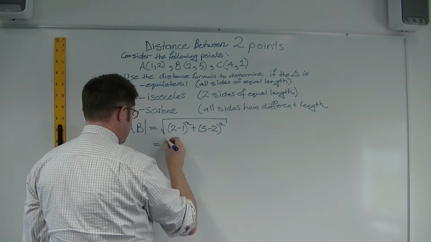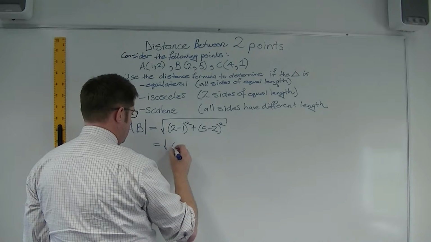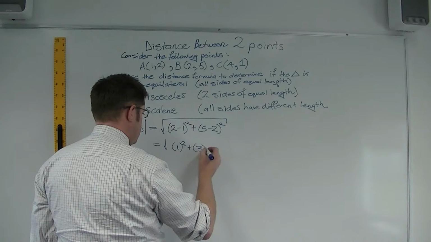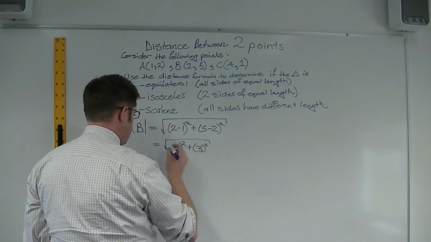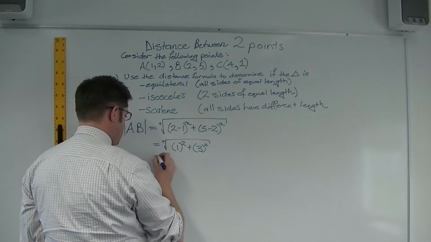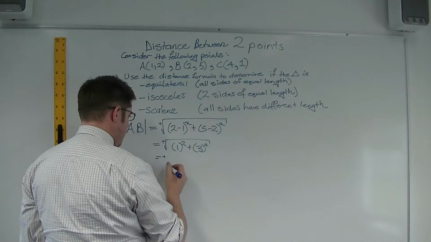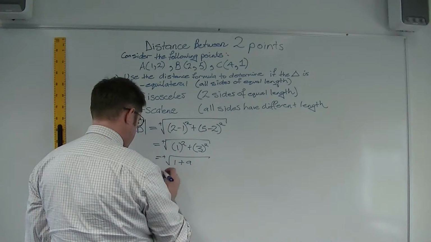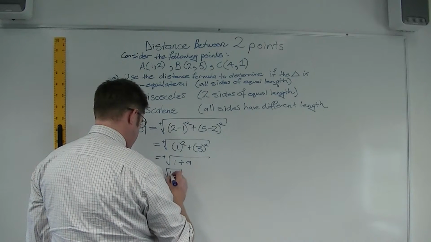This equals the square root of 1 squared plus 3 squared, and this is always a positive value, equals the positive value of the square root of 1 plus 9, which equals the square root of 10.